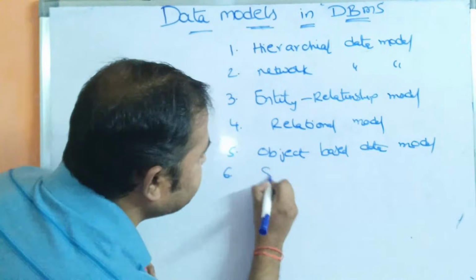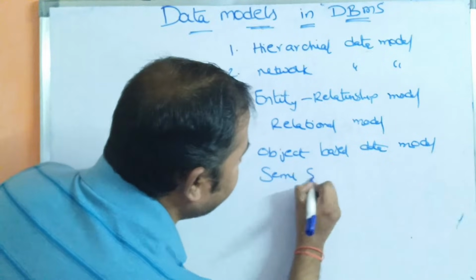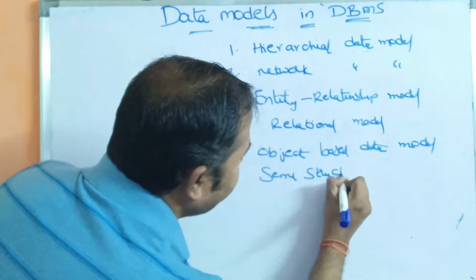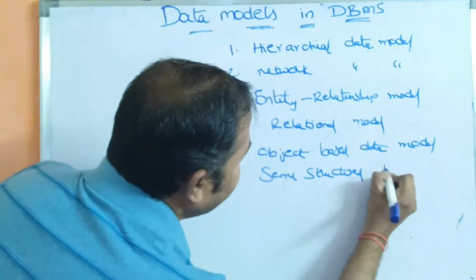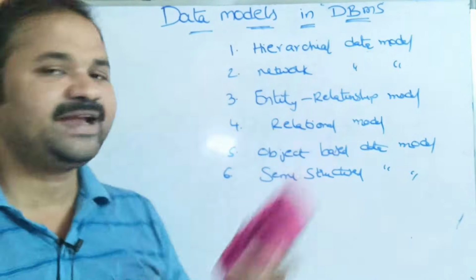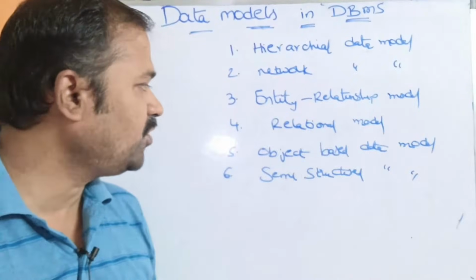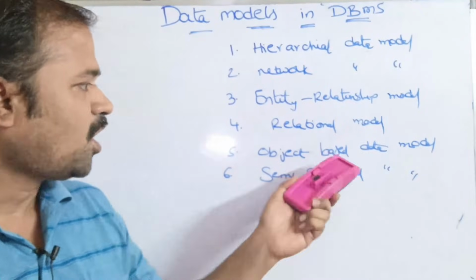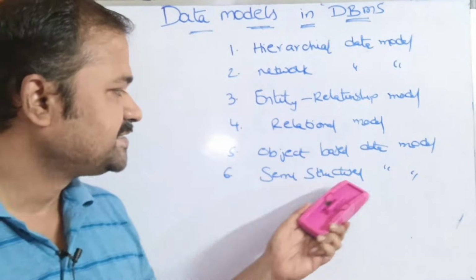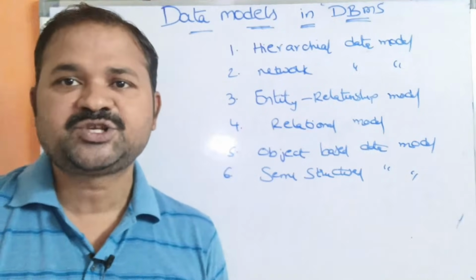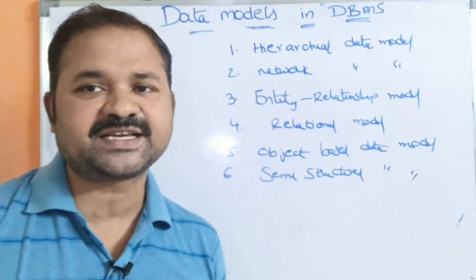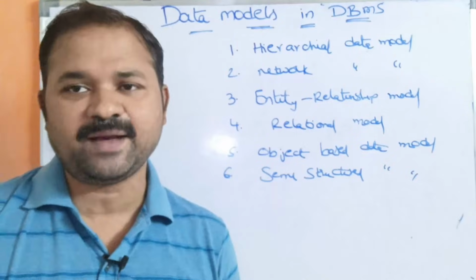And the last one is the semi-structured data model. So: hierarchical data model, network data model, entity relationship model, relational model, object-based data model, semi-structured data model. In this video, we are going to discuss all these data models.